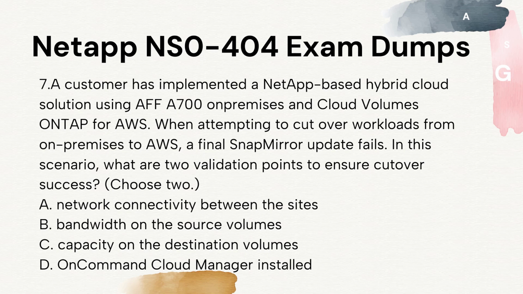In this scenario, what are 2 validation points to ensure cutover success? Choose 2. A. Network connectivity between the sites. B. Bandwidth on the source volumes. C. Capacity on the destination volumes. D. OnCommand Cloud Manager installed.